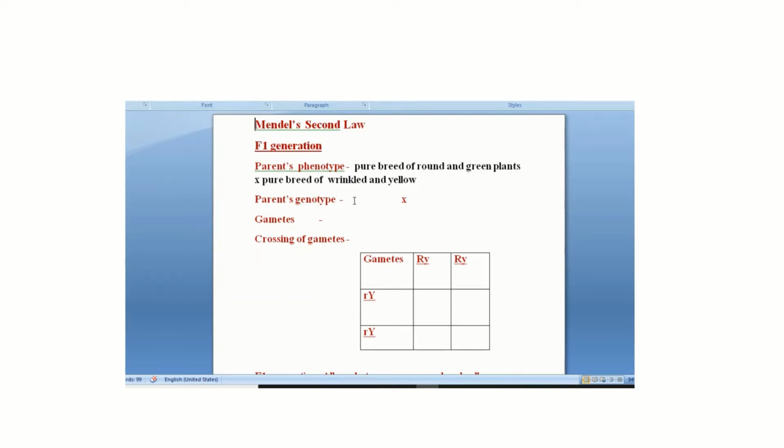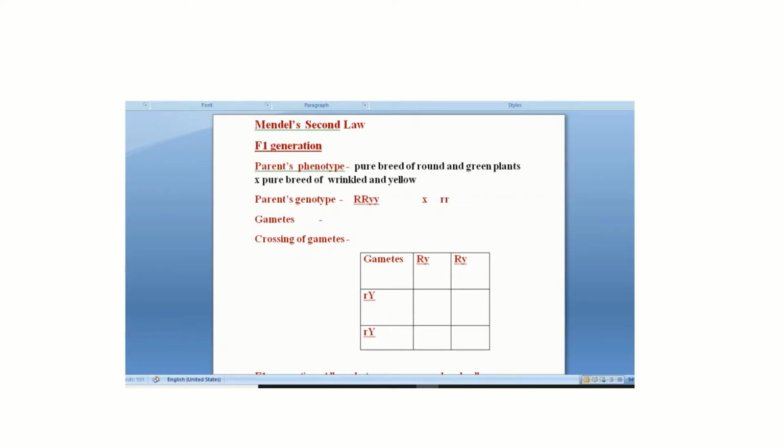How will we write the genotype? As it is a pure breed, it is homozygous. So we write capital R for round and small y for green. Because green is a recessive gene and it is in homozygous form, we put small y, small y. The other parent we have is wrinkled and yellow.